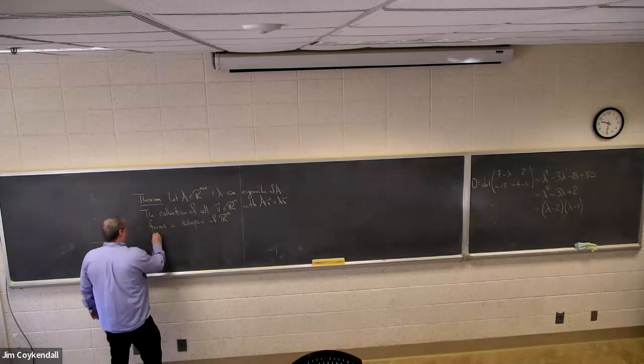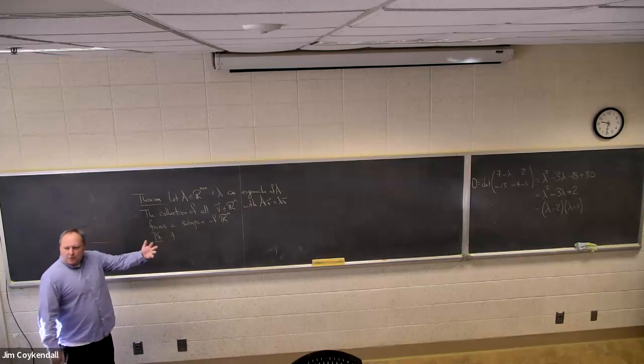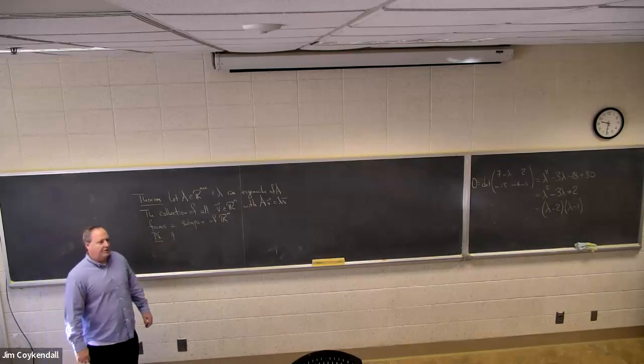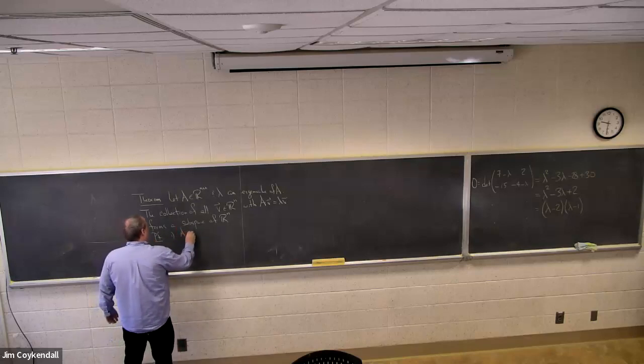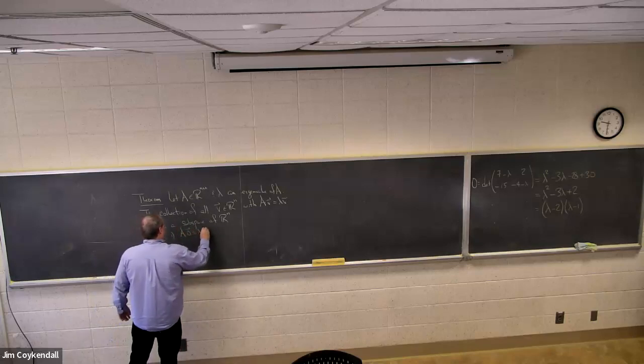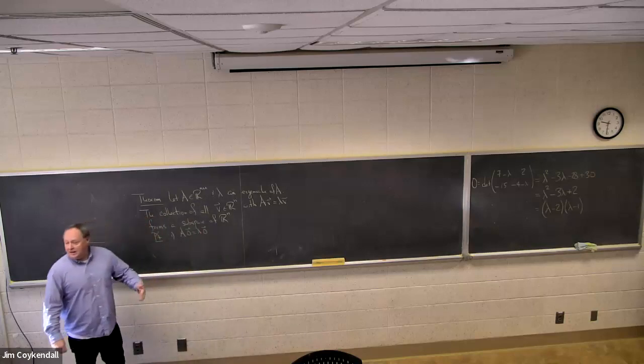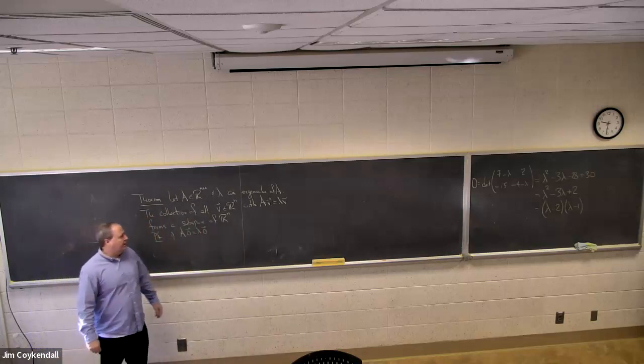Let me give you a quick proof of this. Subspace, what's the first thing you've got to have? Zero vector. Does this work? A times the zero vector is lambda times the zero vector. Yay, okay, so zero's in there.